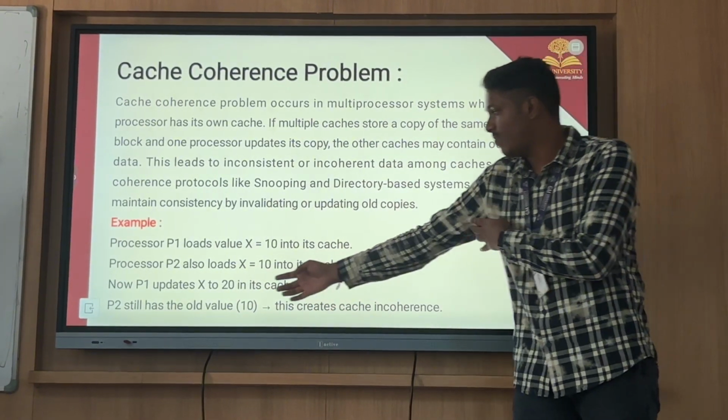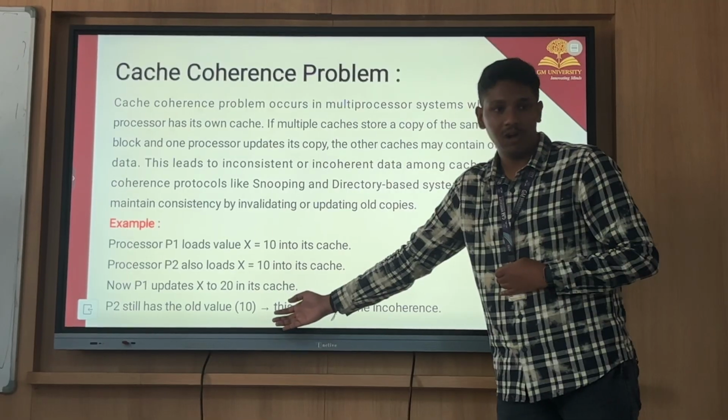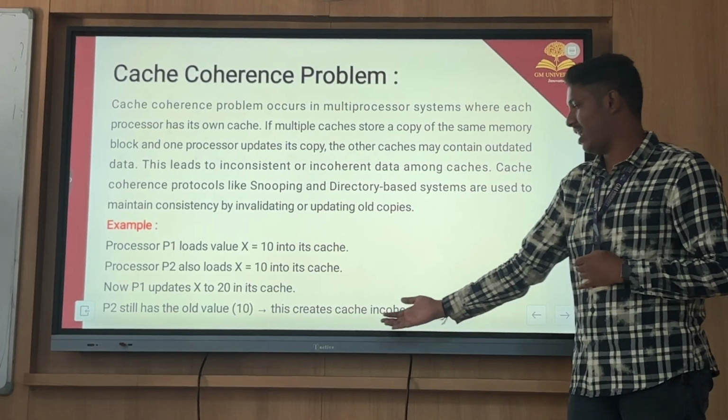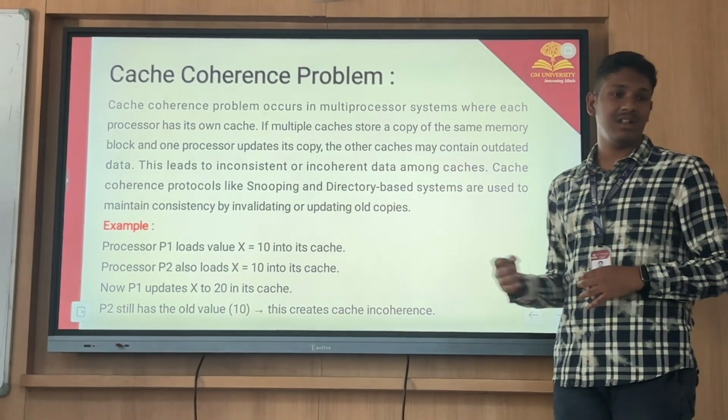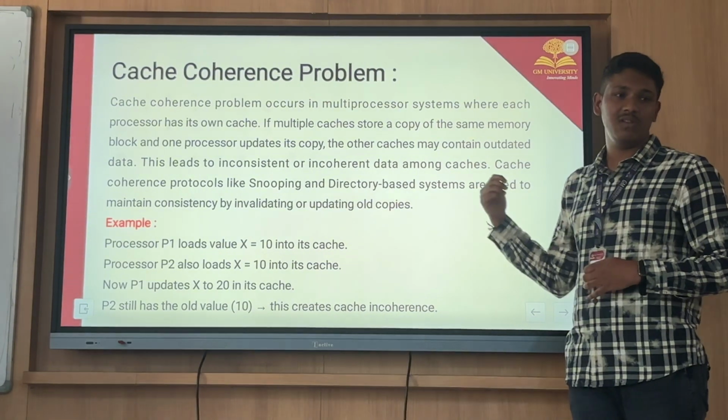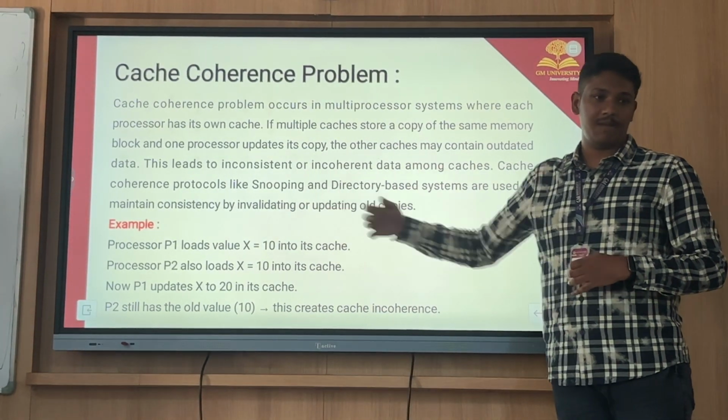But if P2 still has the old value, it creates cache incoherence, which means it will create problems between the main memory and the CPU.